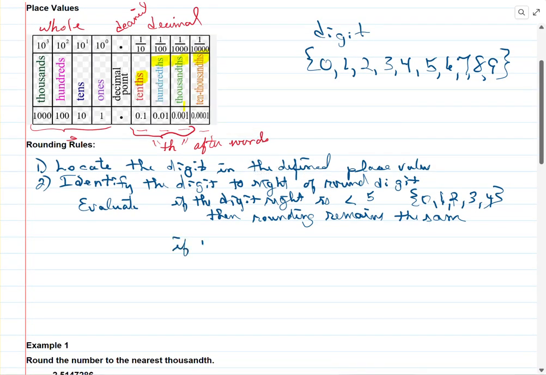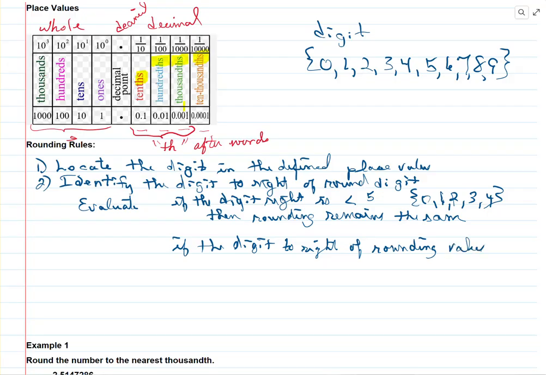If the digit to the right of the rounding digit value is greater than or equal to 5, that means it is a 5 or a 6 or a 7 or an 8 or a 9.